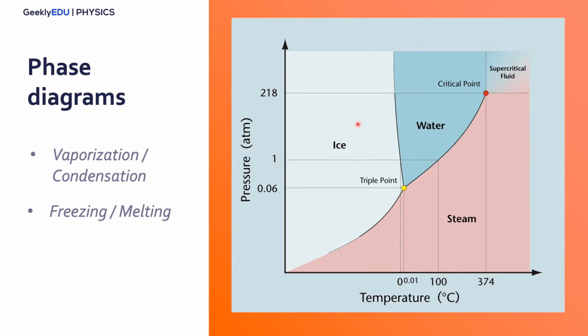And also, we can go directly from the solid state to the steam or vapor state. This is called sublimation. If we go back abruptly from steam to ice, we have something that we call deposition.